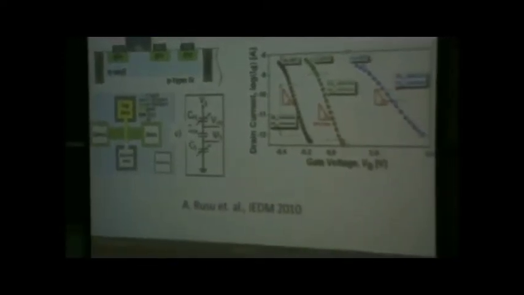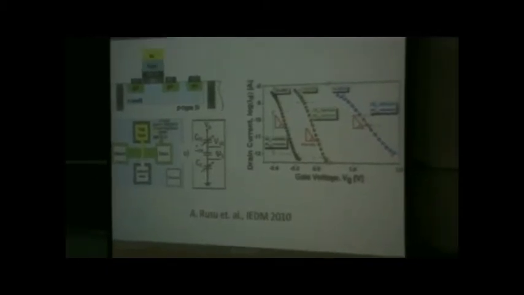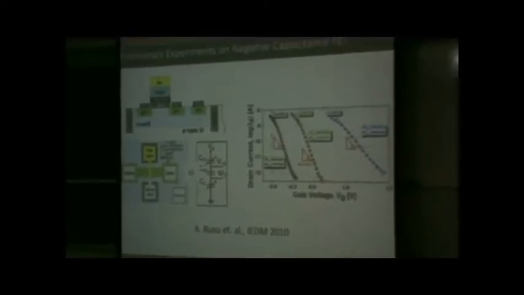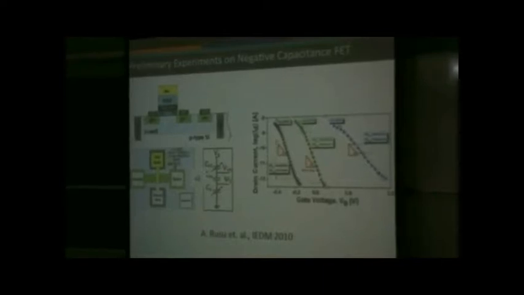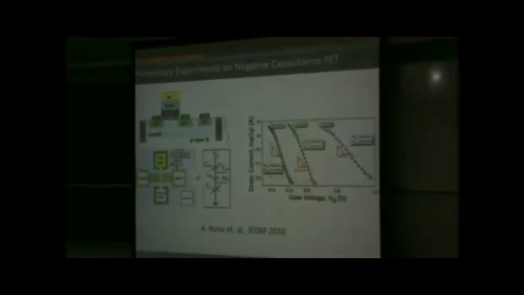But there have been some demonstrations of negative capacitance transistors already. In 2010, this group from EPFL, Adrian Ionescu's group, were much more savvy than us. They said, let's not talk about single crystalline ferroelectrics, let's just put in a polymer ferroelectric and see what we see.